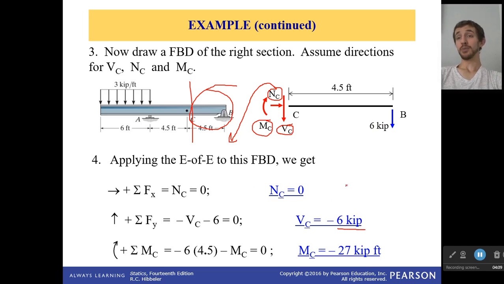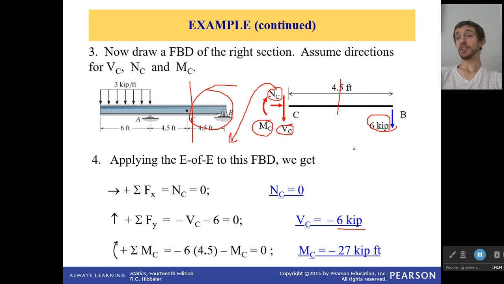And finally, our internal moment. That is caused by this force right here. And so it's 6 times 4.5 feet, which is going to be negative 27 kip-foot, with clockwise being considered positive, or 27 kip-foot counterclockwise. Now, as a note, if this had been 3 rather than 4.5, it would have been an 18 kip-foot moment.